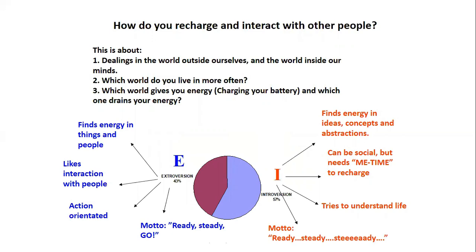Introvert or extrovert shows you how you recharge and interact with other people. So it's about dealings in the world outside ourselves and the world inside ourselves. And in which world do you live more often? Which world gives you energy or charges your battery, and which one drains your energy? So typically an extrovert will, after a long week of hard work, go and party because they charge their batteries by interacting with other people.